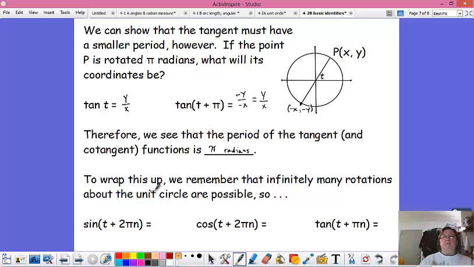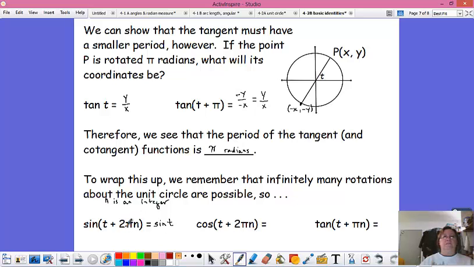To wrap it up, remember that you can do infinitely many rotations. So instead of just saying plus 2 pi, we can say 2 pi n, where n is some integer. So in all of these, n is an integer. The sine of t plus 2 pi n, any number of full rotations that I add on there, is also going to be the sine of t.